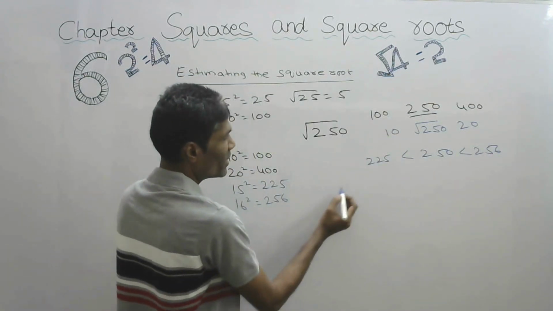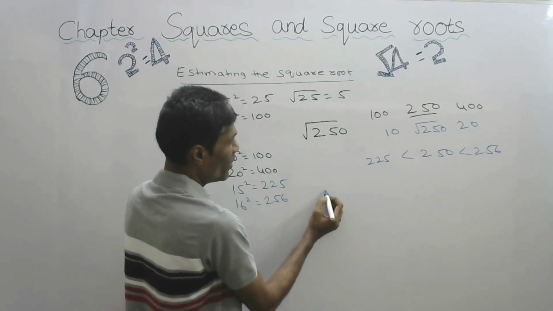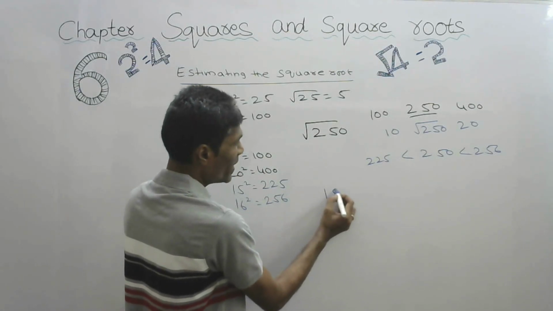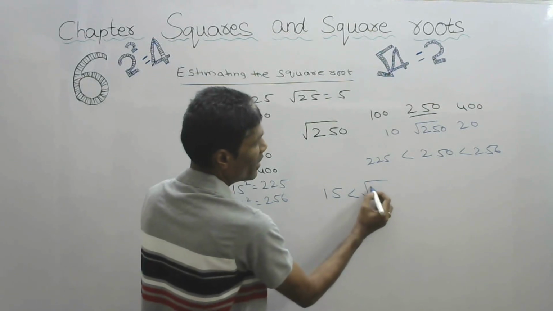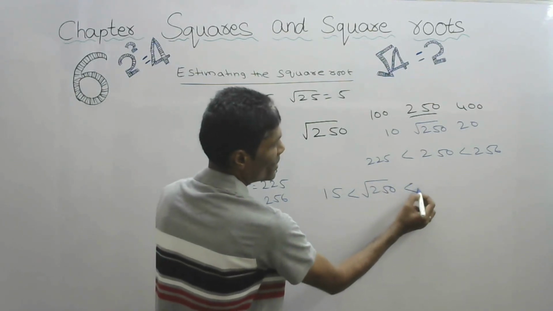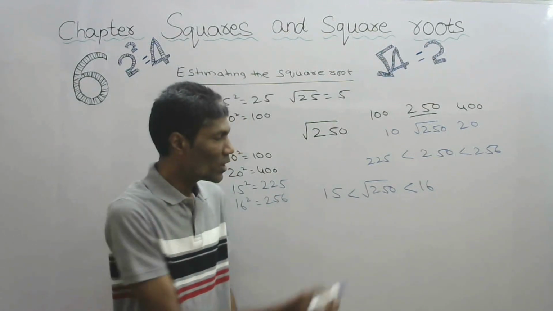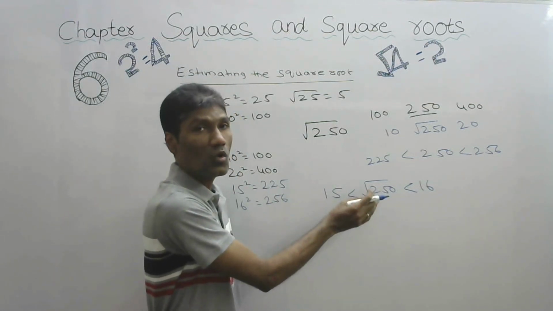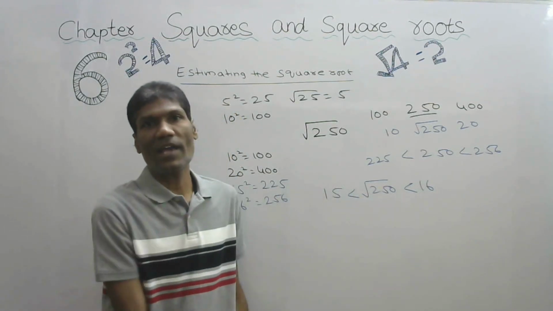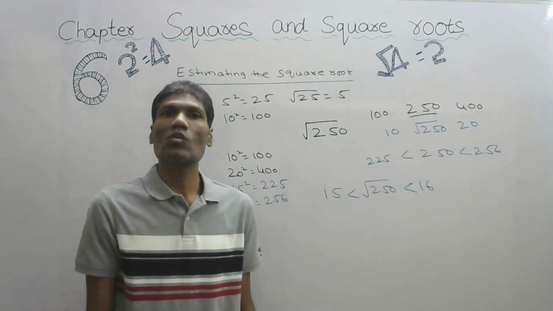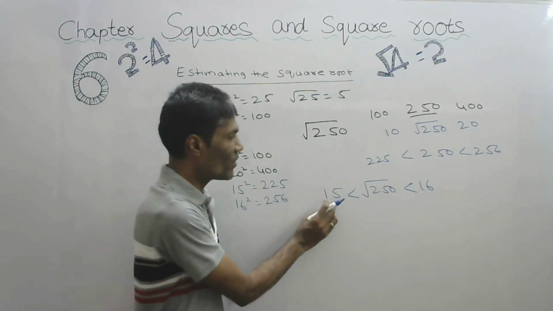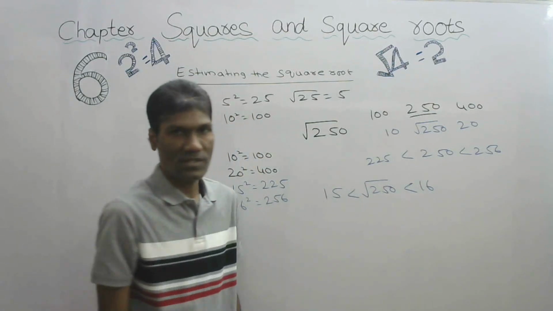We can say this is in between 15 and 16. Root 250 will lie between 15 and 16.